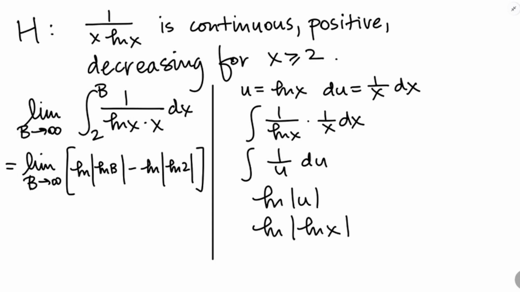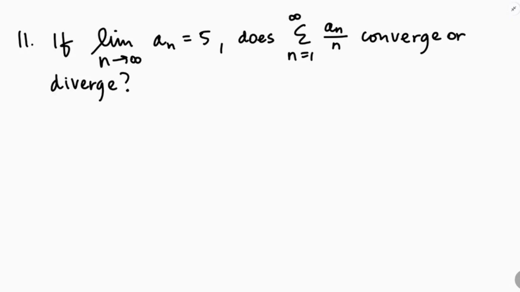This limit is not going to exist, because as b approaches infinity, so does the natural log of b. And the argument of the outermost log is going to infinity, so the log itself also goes to infinity. So this limit does not exist. That gives us the divergence of h, and there we go.